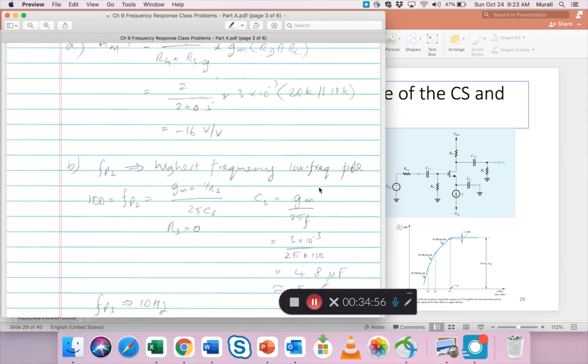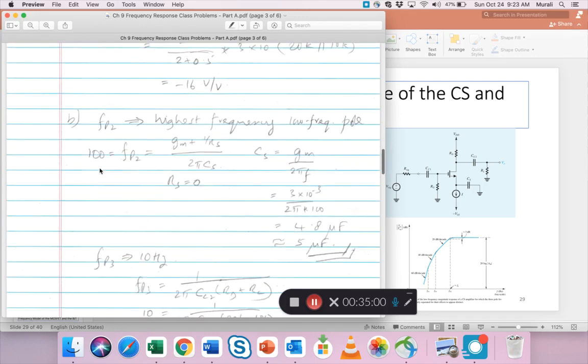The highest frequency, 100 Hz pole is Fp2. So 100 equals Fp2 equals gm by 2 pi Cs. So either you can multiply the 2 pi to the frequency and work with radians, or you can work with hertz and bring the 2 pi below. So that's what I've done here.